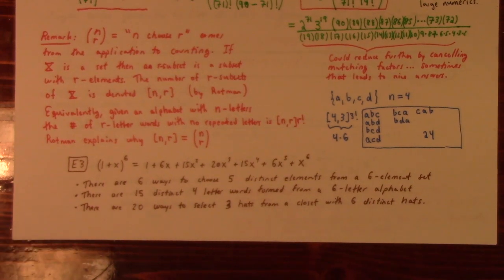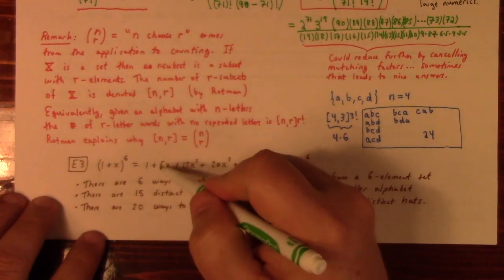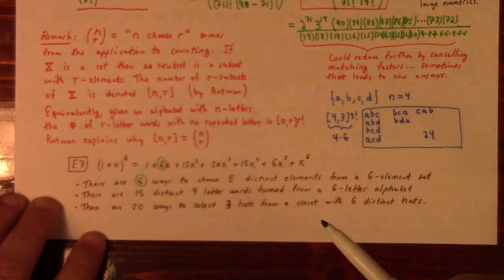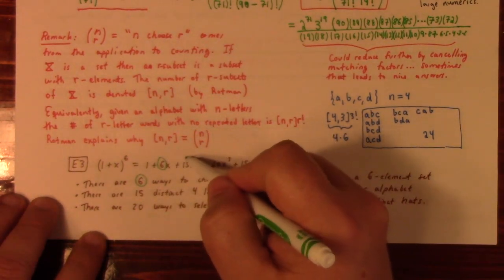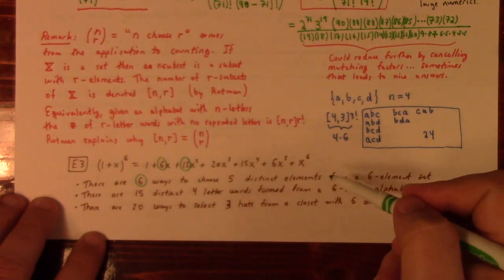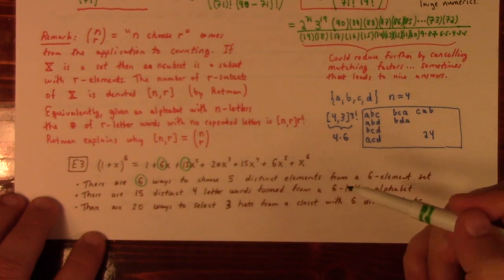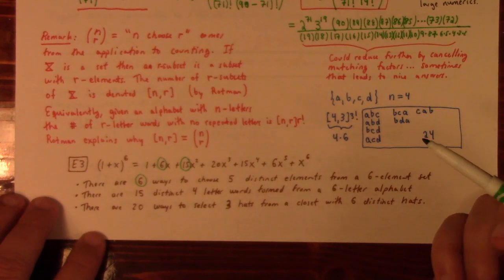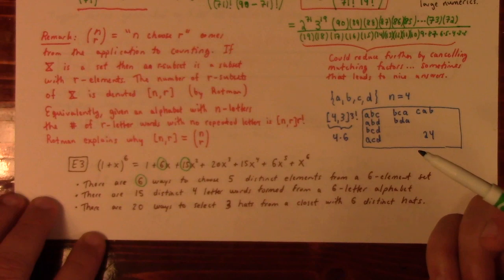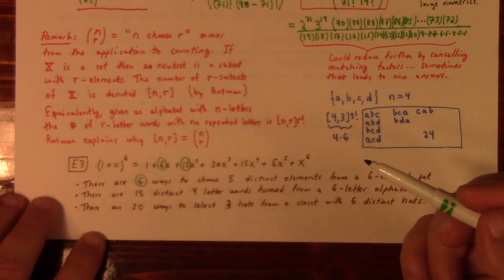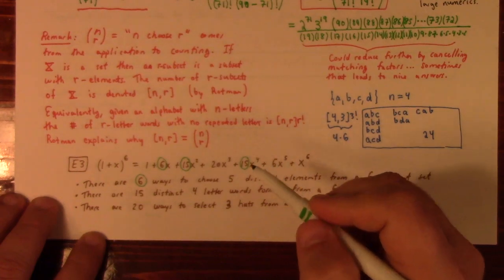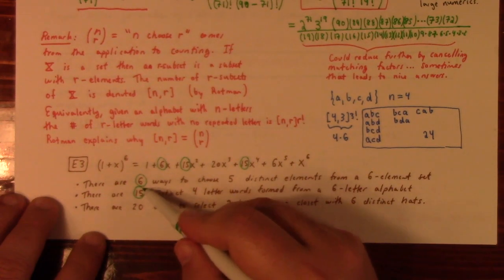So that's this 6. There are 15 ways to choose, oh, wrong, dang it, 4, I meant that one. That's the 15.